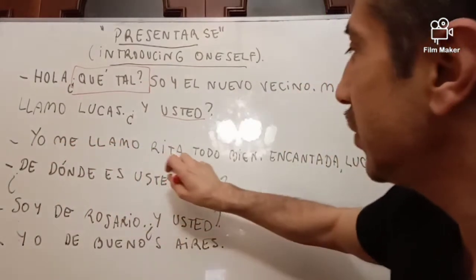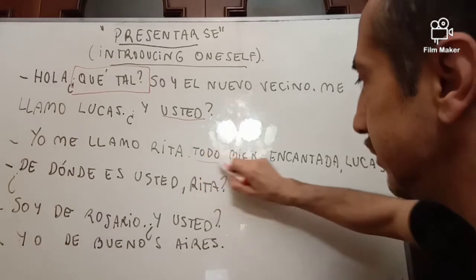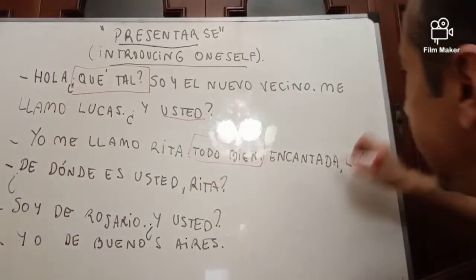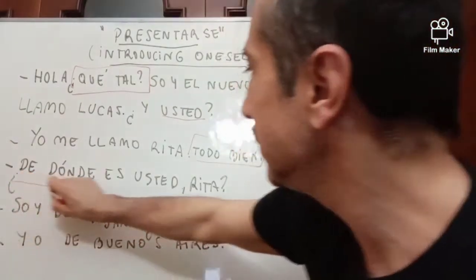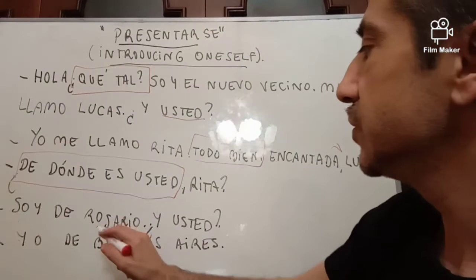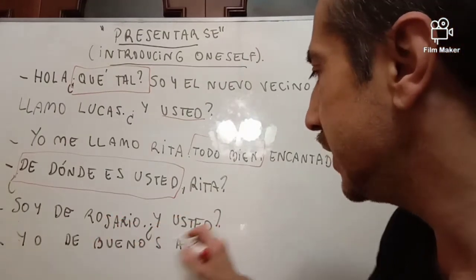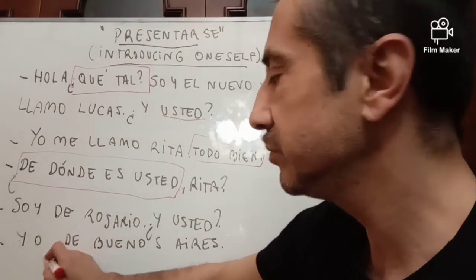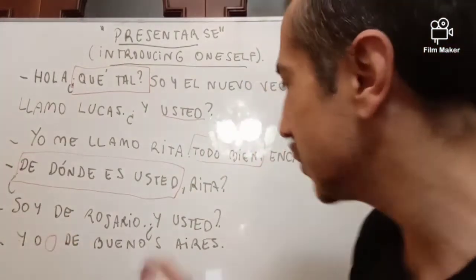Yo me llamo Rita. Todo bien. Encantada, Lucas. ¿De dónde es usted, Rita? Soy de Rosario. ¿Y usted? Yo, and let's see this blank on purpose, yo de Buenos Aires.